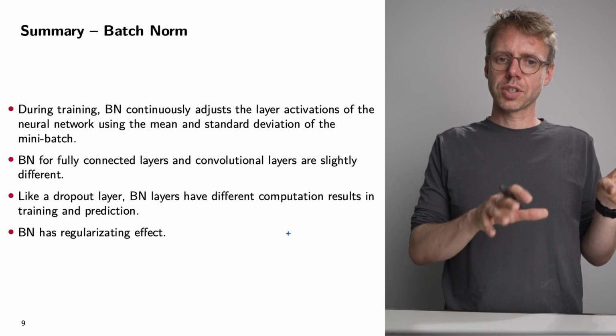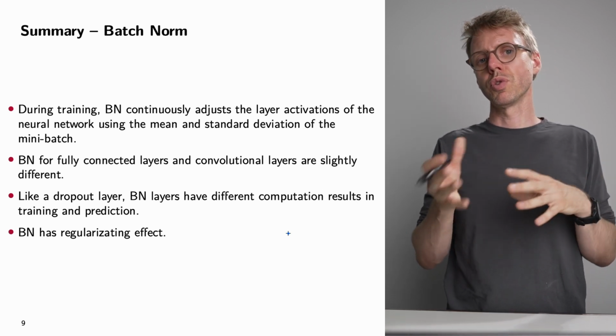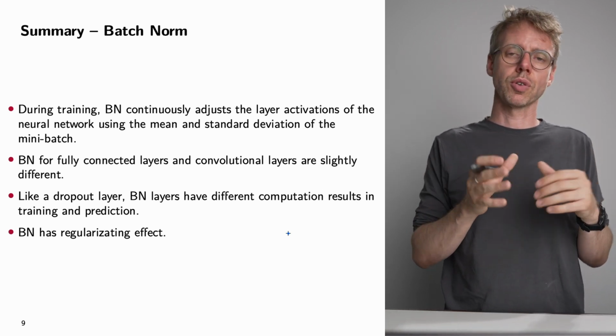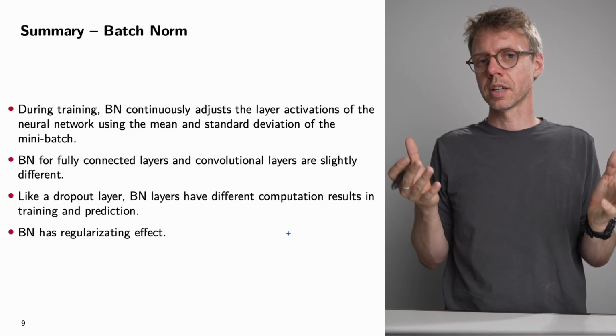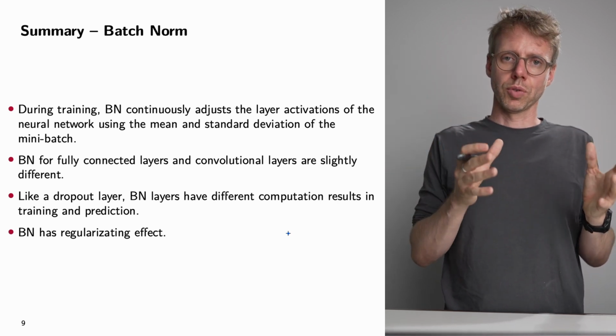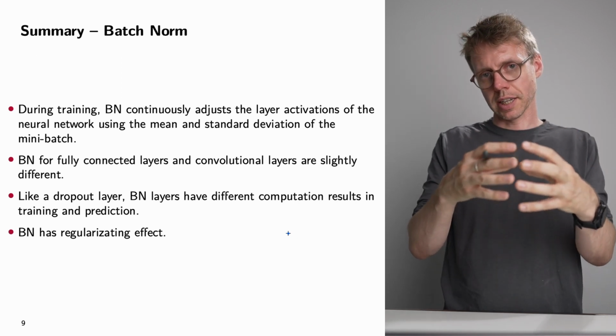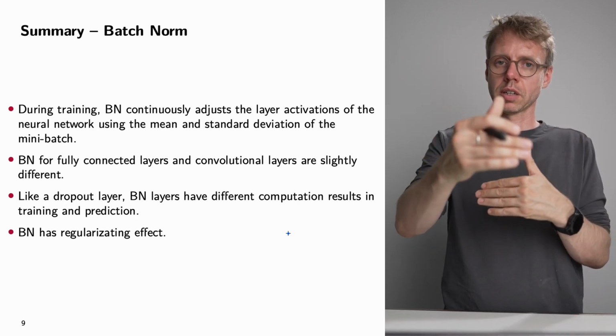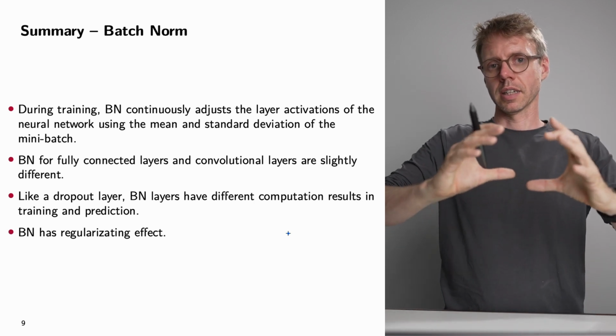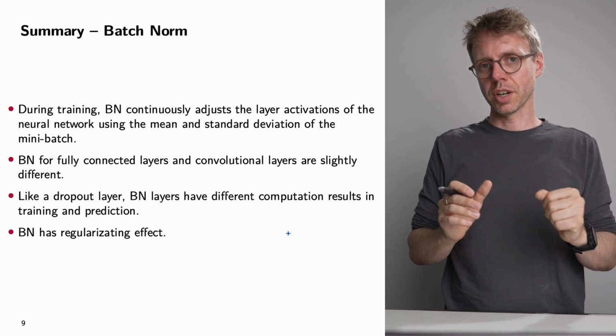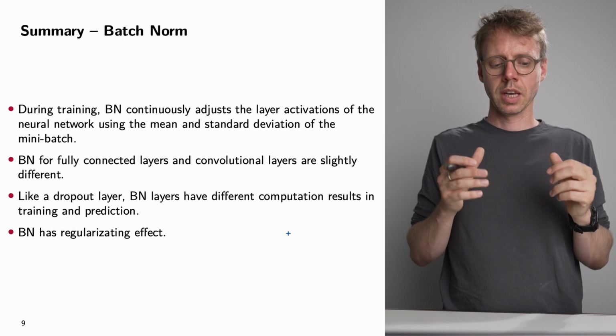The implementations of batch norm for fully connected layers and for convolutional layers are slightly different. So for convolutional layers, we would look at a single output channel at a time, but look at the whole height and width of our output representation over this batch.